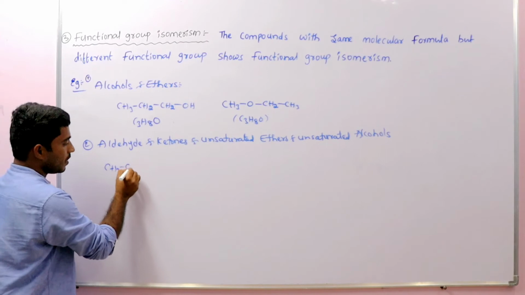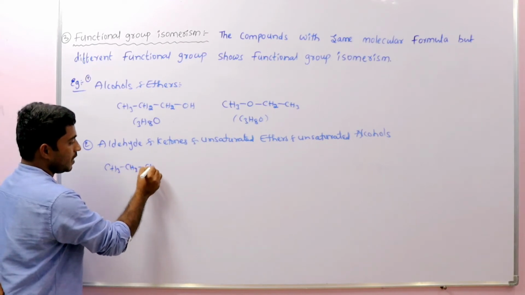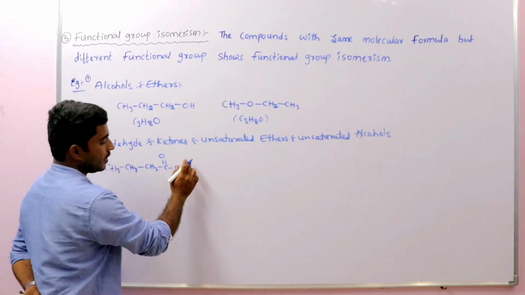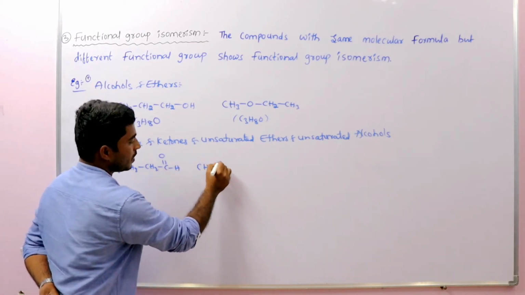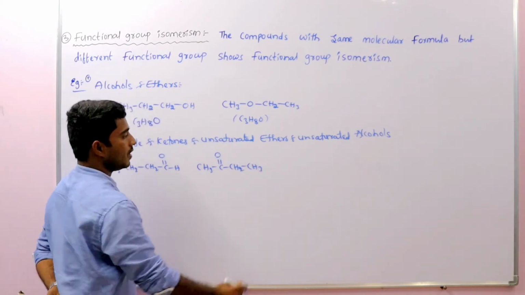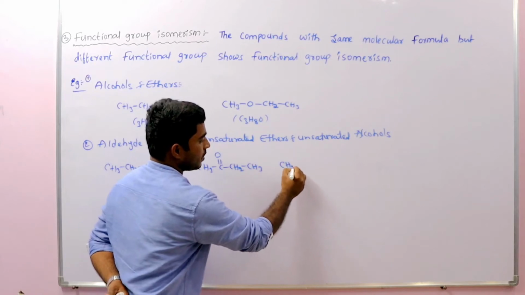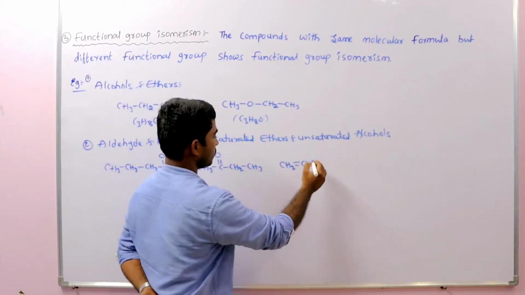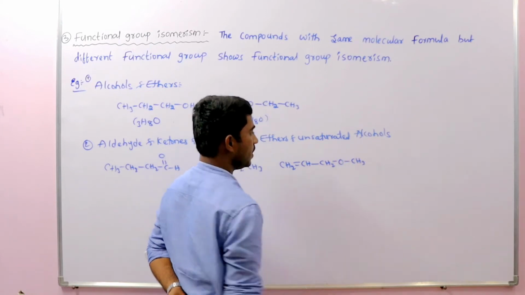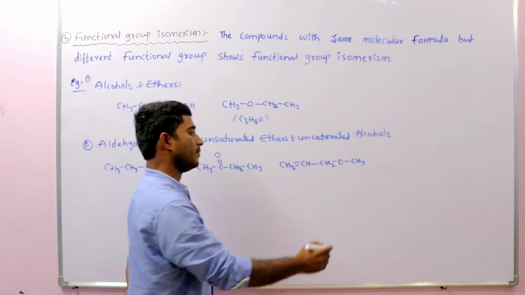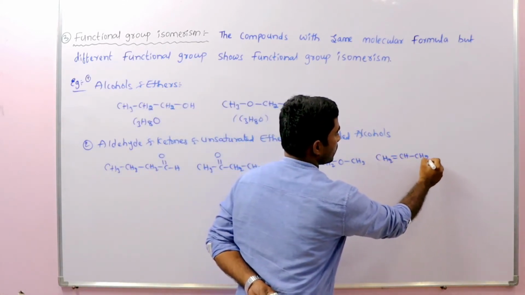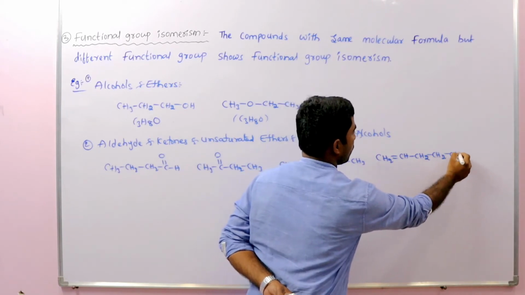CH3CH2CH2CHO, this is an aldehyde. Ketone: CH3COCH2CH3. Unsaturated ether: CH2=CH-CH2-O-CH3. Next, unsaturated alcohol: CH2=CH-CH2-CH2-OH.